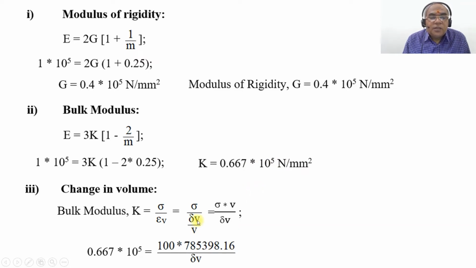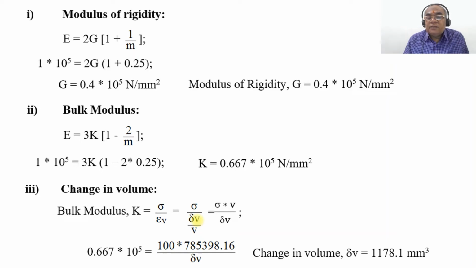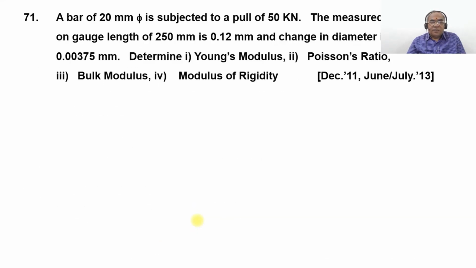Then we have sigma as 100, which is the hydrostatic pressure, into volume, which is pi d square by 4 into L, calculated as 785,398.16, divided by delta V. So the change in volume, delta V, will be equal to 1178.1 mm cube. So this is how you will be able to find the solution for this problem.